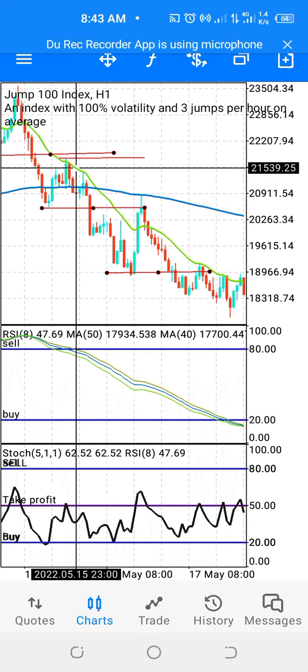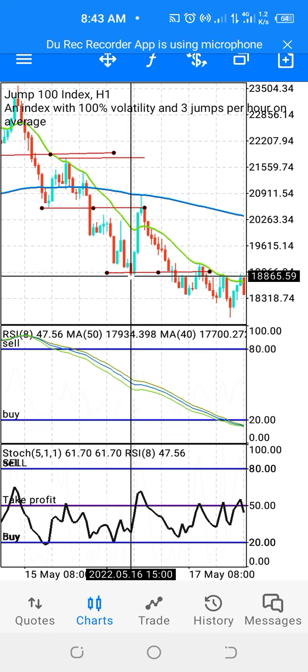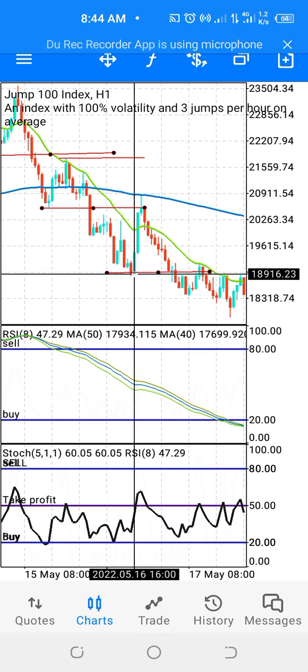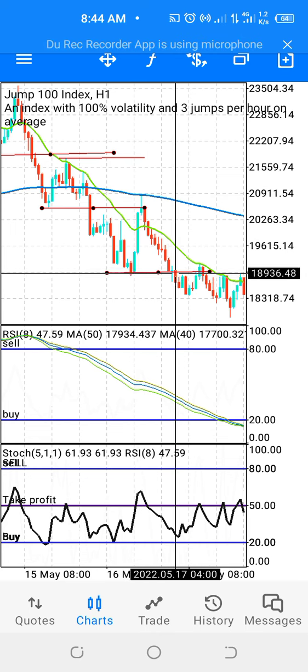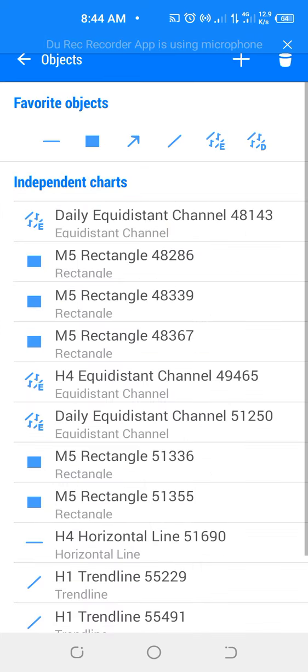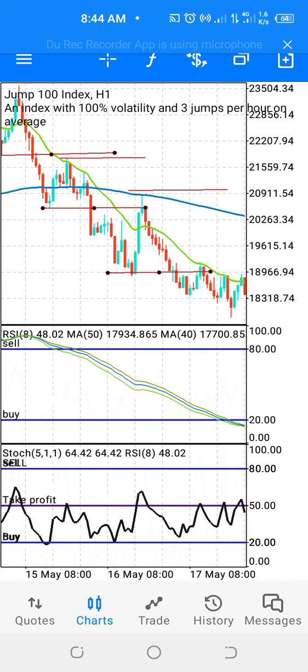So this is now the lower low. Now where is the lower high? After you draw this line and we break this structure here, automatically this one becomes the lower high. You see that one, it becomes the lower high.